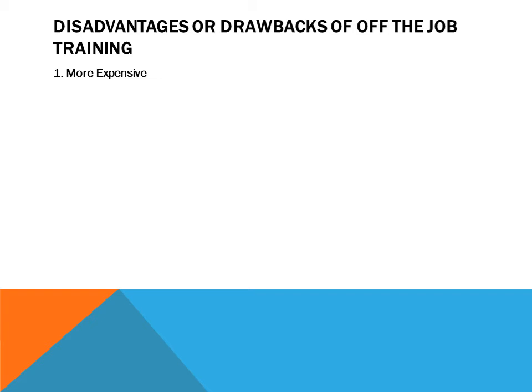But when it comes to off the job training, everything is outside. You set up everything outside the organization. Here you have to spend on building the infrastructure, like a classroom. You have to set up a proper classroom, use different technologies, and spend on the training materials.